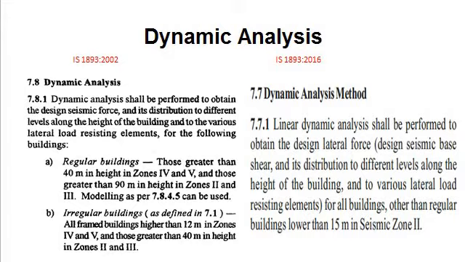If you compare these two categories, zone 4 and zone 5 of regular building and irregular building, that means if a building is irregular, we have to apply the dynamic analysis above 12 meter. But if it is regular, we can go after 40 meter. The comparison between these two points clearly shows the importance of a building being regular.